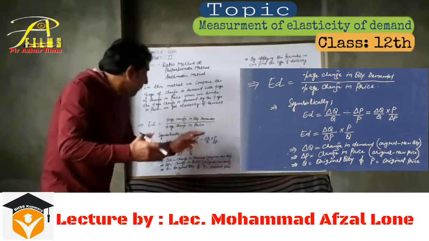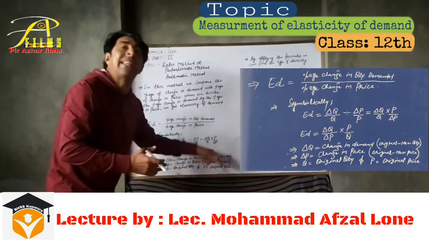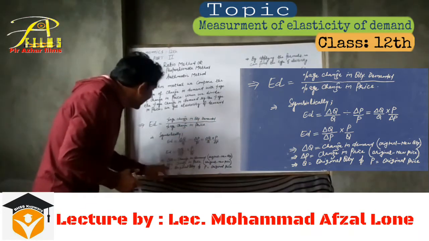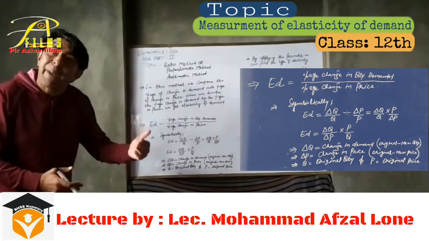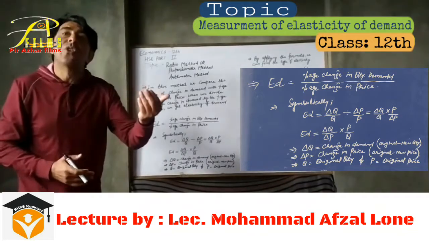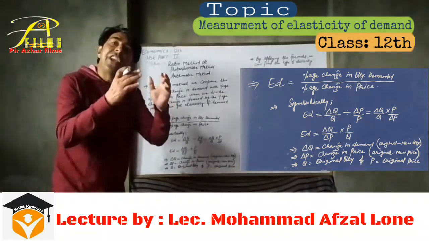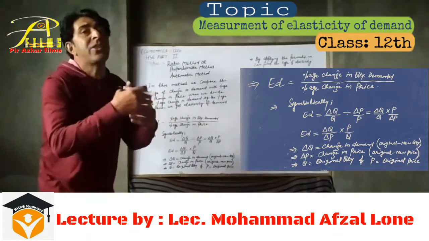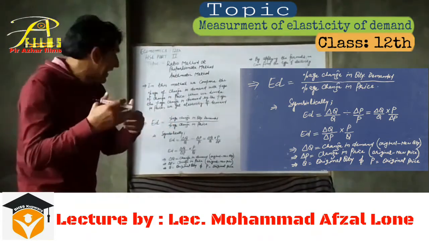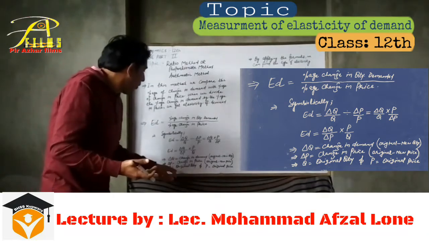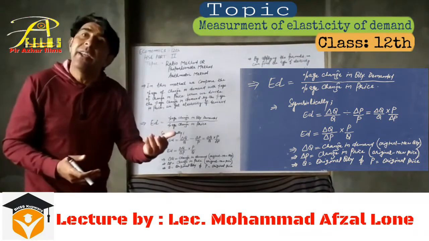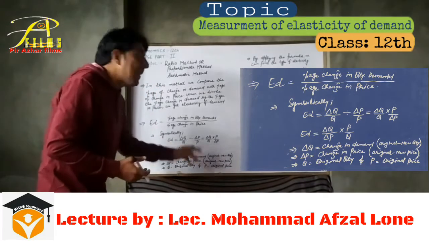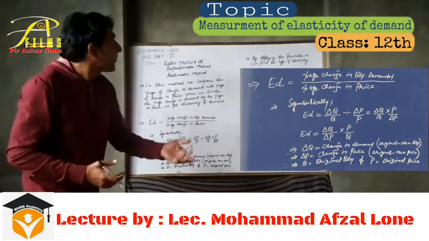We subtract the original quantity minus new quantity to get the change in the quantity. And change in price means original price minus new price. So you have to calculate the change in the price by taking the original price minus new price. Q is original quantity and P is original price.